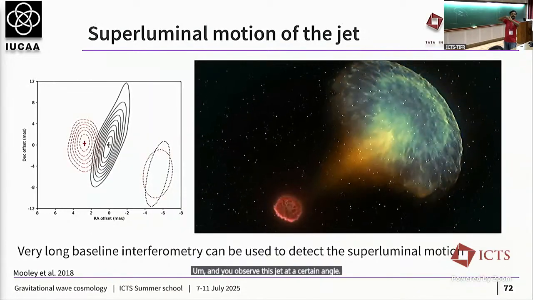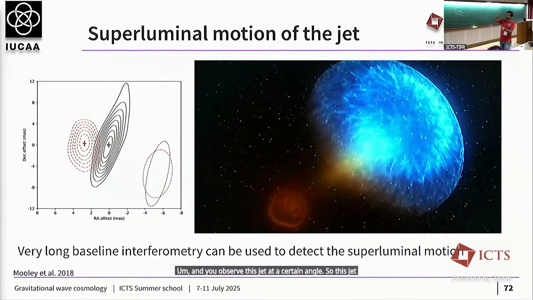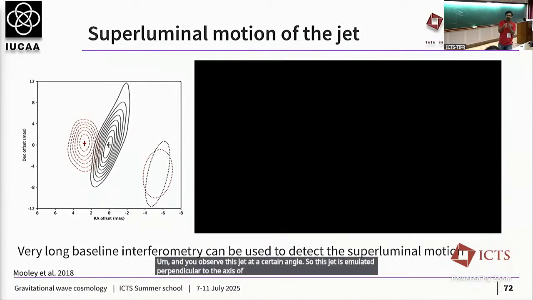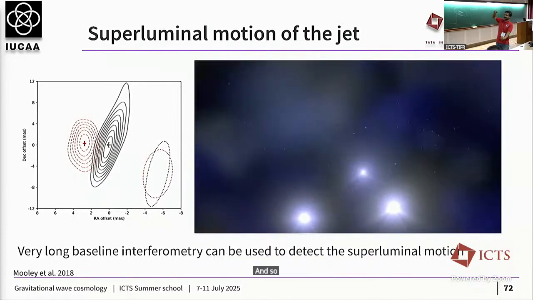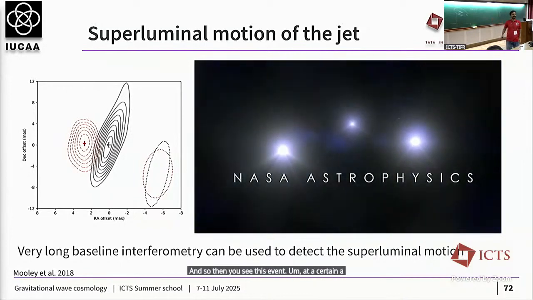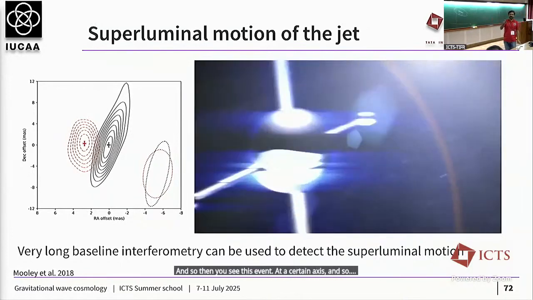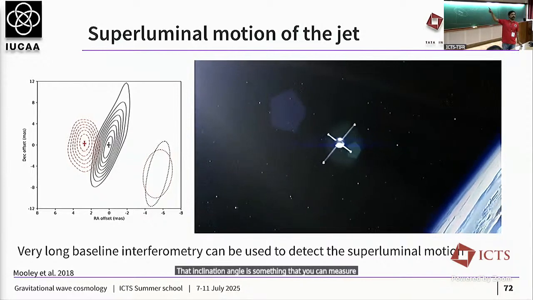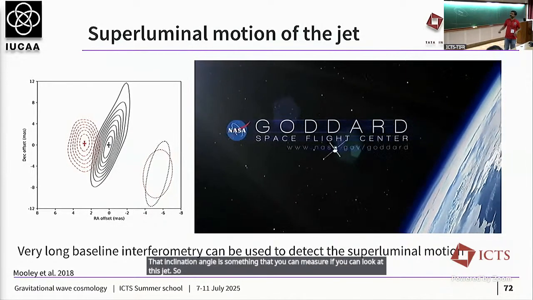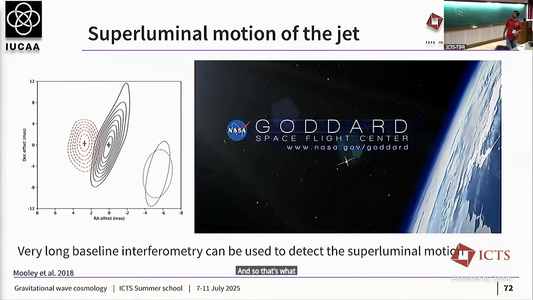This jet is emanated perpendicular to the axis of the merger, so you see this event at a certain angle. That inclination angle is something you can measure if you can look at this jet. So that's the idea, and that's what was done here.